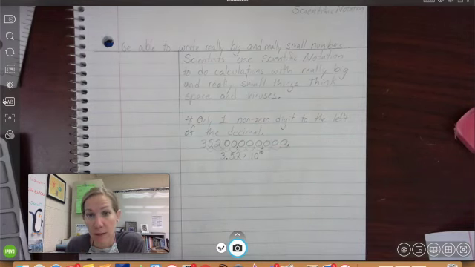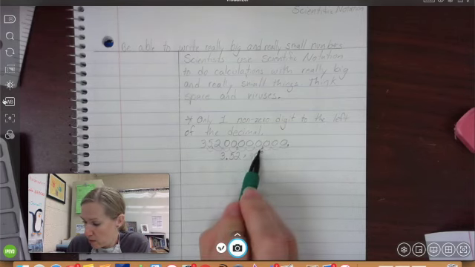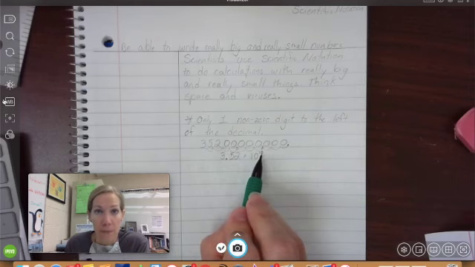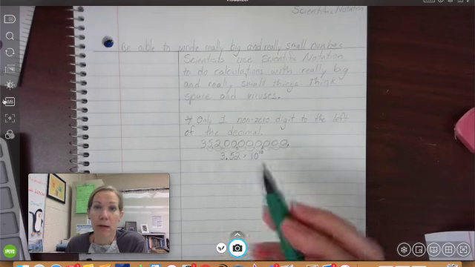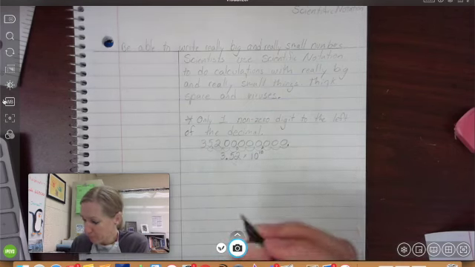Now, it's not by chance that I moved this decimal 10 places, and that's the exponent. That's how you calculate the exponent, is you literally just count the numbers, okay?